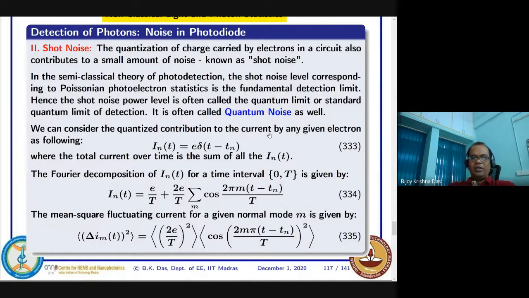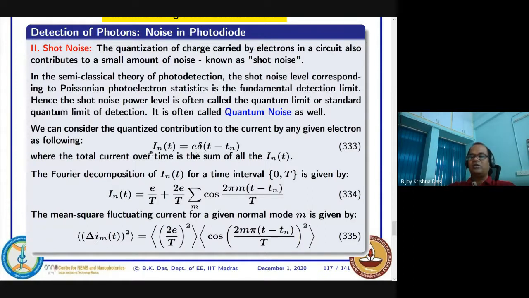For any given electron, at t equal to tn, some time instant, you will get a spike of current, a delta function at t equal to tn, multiplied by e, the charge. The unit should be per second, because you have to integrate the delta function over t to get 1, a pure number.